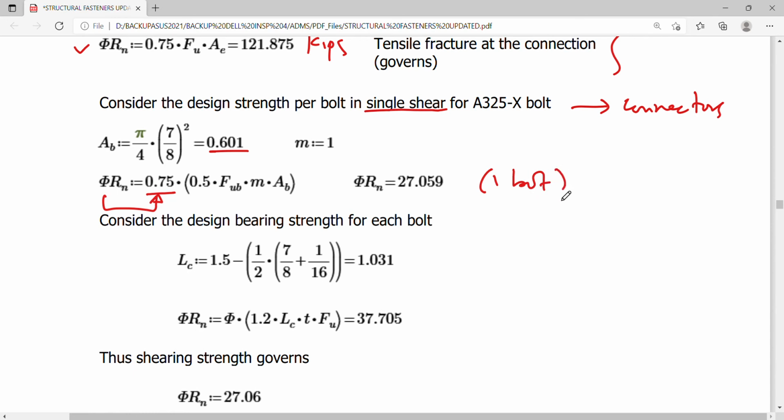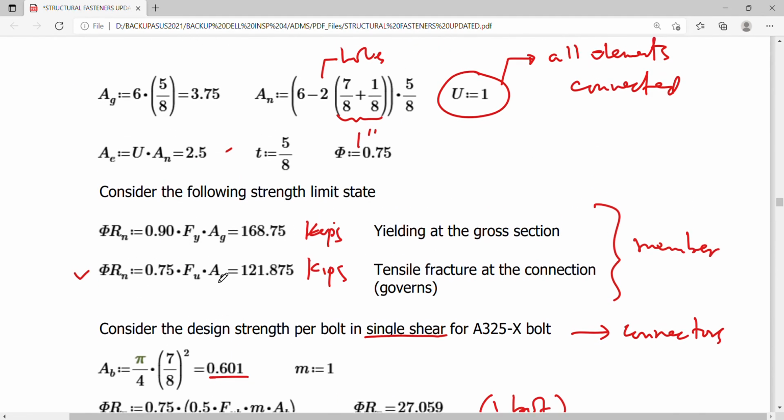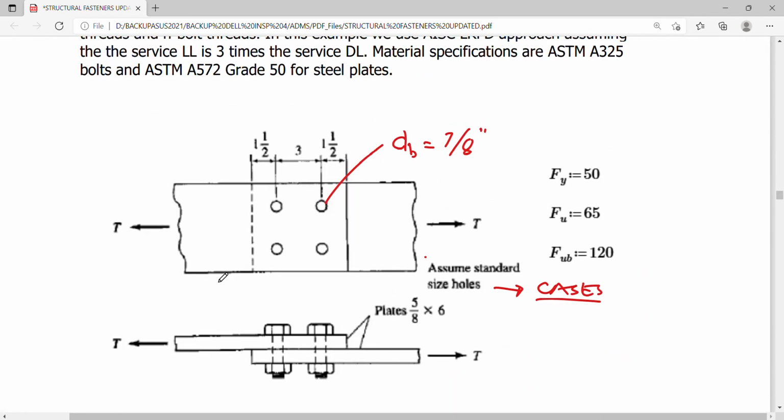So consider the design bearing strength for each bolt. LC is simply, what's this, 1.5? This is the center to edge spacing of the bolt, sorry, so this is actually your LE.